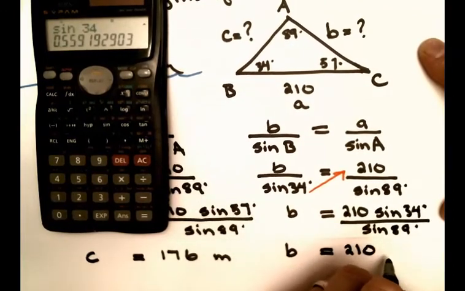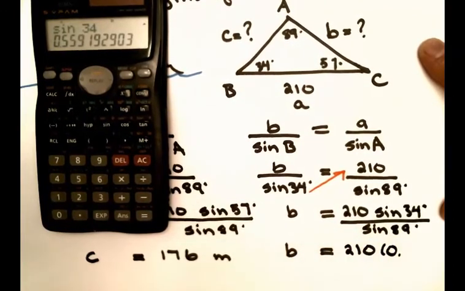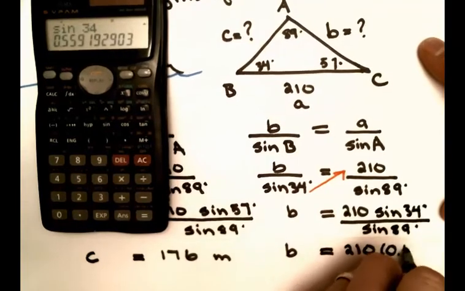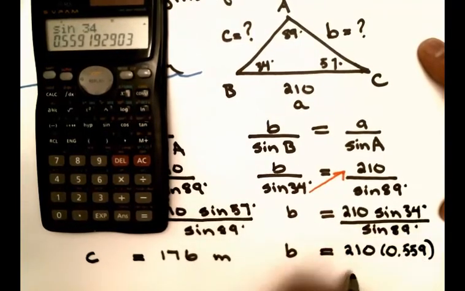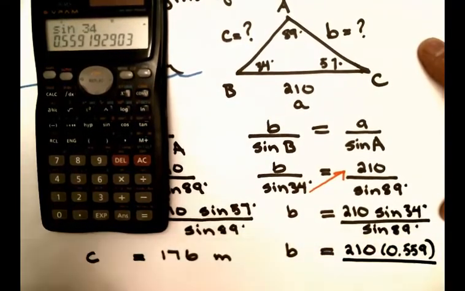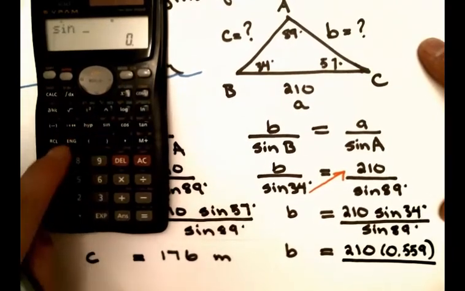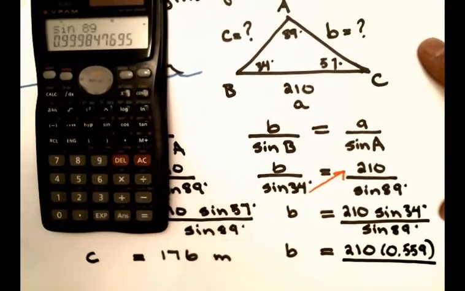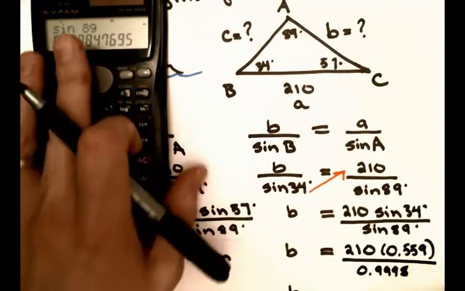So it's 210 times 0.559, and sine 89 is 0.9998. Okay, and you're going to get the same answer that I got earlier. In fact, I'd rather you do it the way you saw earlier.